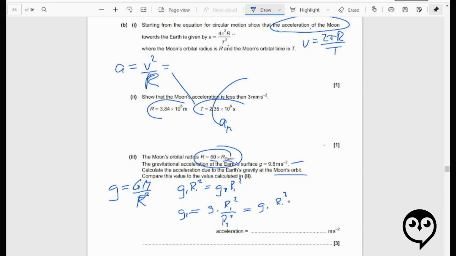So I'll have an r1 squared on top, and on the bottom I'll have 60 r1 all squared. So in other words, these r1s are going to cancel out, and I'm going to have 9.8 divided by 3,600, which gives me 2.72 times 10 to the power of -3 meters per second squared.